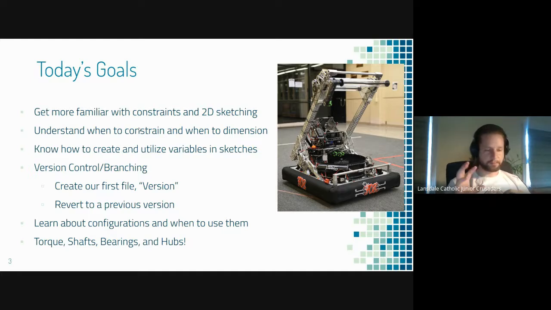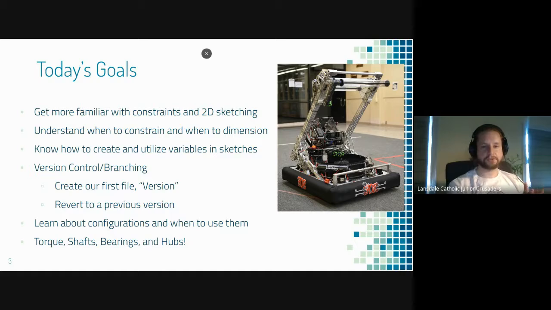We're going to talk about when to use certain constraints and when to use other constraints, or when to dimension over when to constrain, or vice versa. And then we're going to learn how to actually utilize variables in sketches, create and utilize variables. We're going to do a little bit about version control and branching. And we're going to create the first version of our file. And we're going to learn how to revert to a previous version of our file.